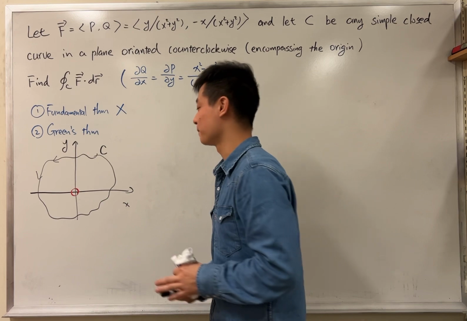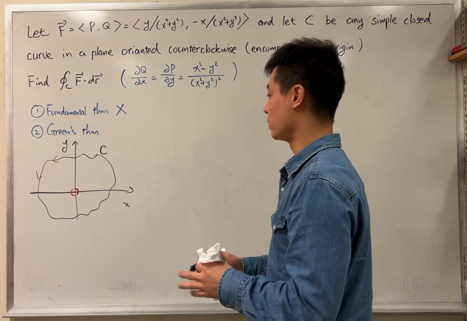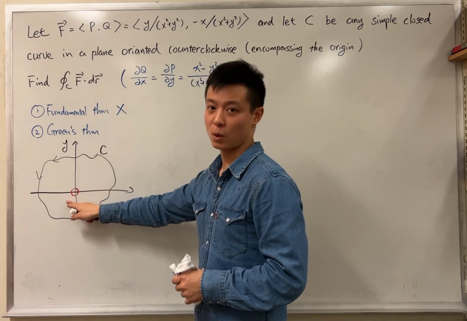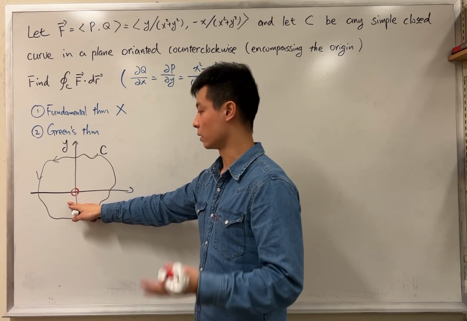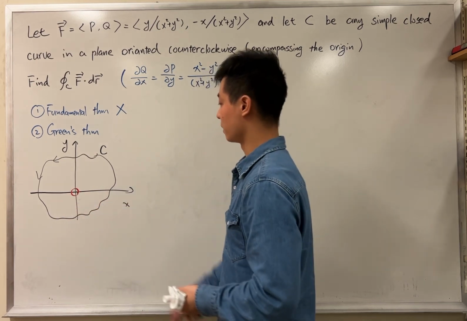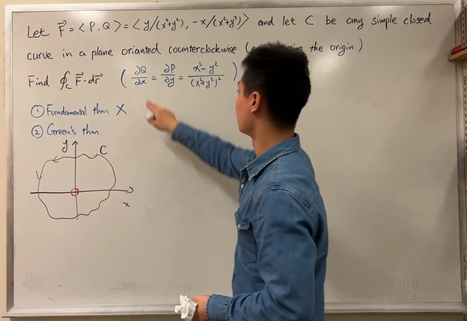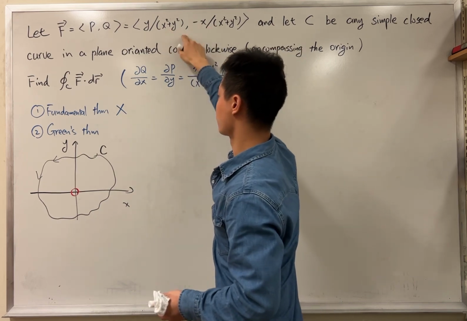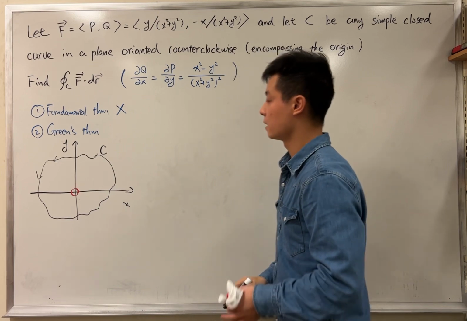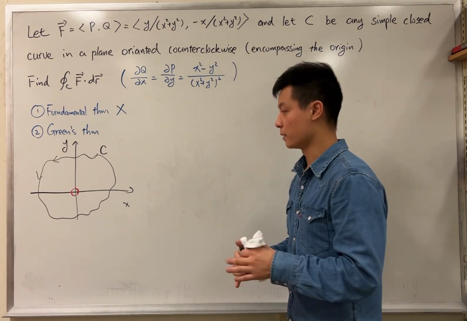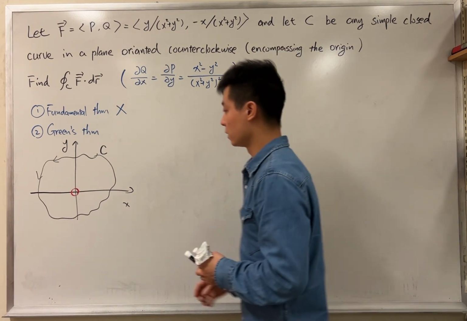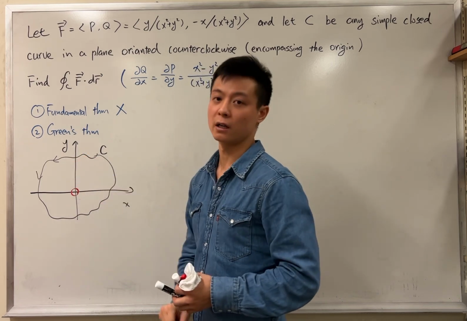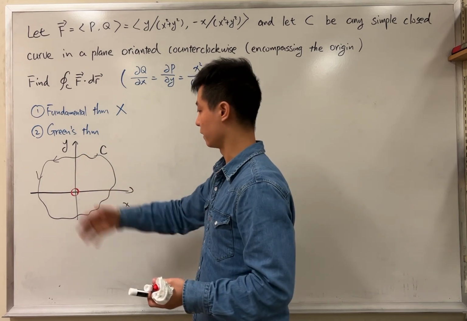If we think about it, we see that the problem here is exactly this point, the origin, which we call a singular point, because it is this point that makes both these two functions not defined. In order for us to use the Green's theorem, we must think of a way to remove this point from the region, to take it out.